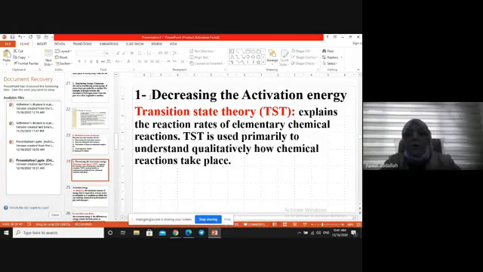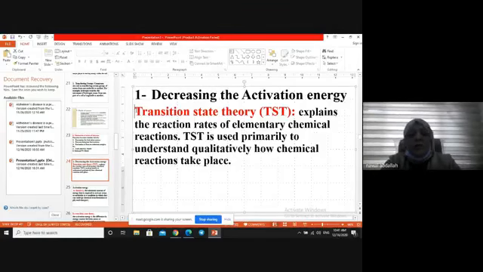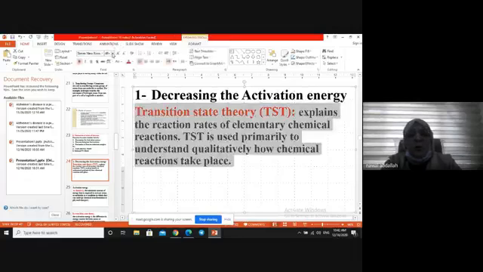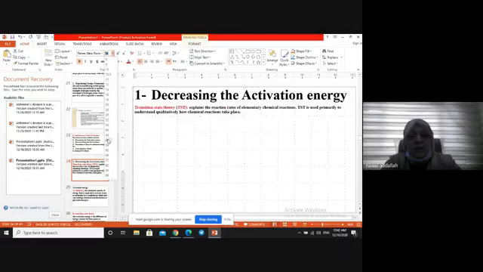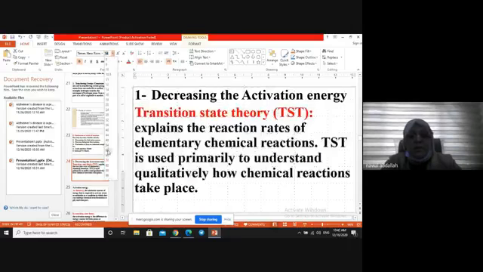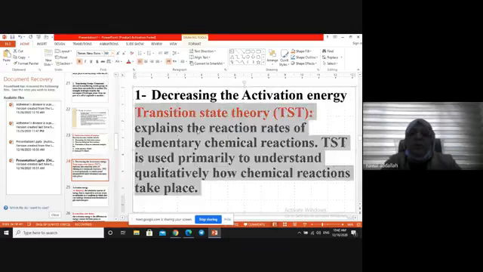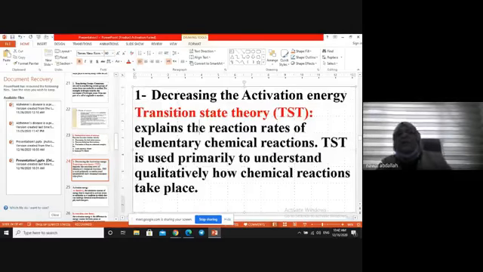Before we begin to talk about the activation energy, we must know what the transition state theory is.